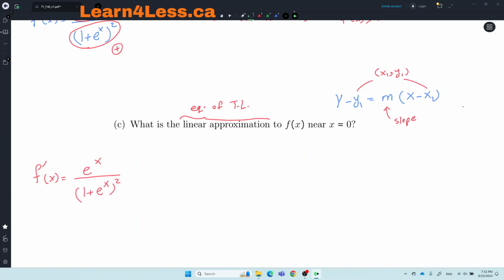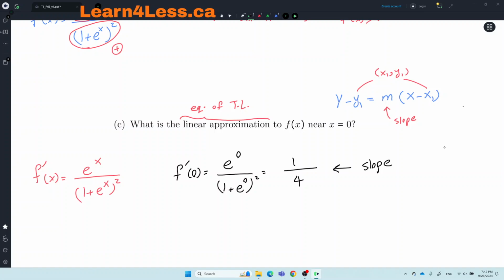They mean the same thing. So we plug in 0 here. We need the slope at 0. F prime of 0 is e to the 0 over (1 plus e to the 0) squared, and any number to the power of 0, except 0, is 1. The denominator is 1 plus 1, which is 2, and 2 squared is 4. So 1 over 4 is the derivative at 0, or basically the slope.